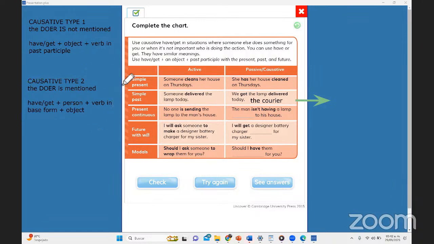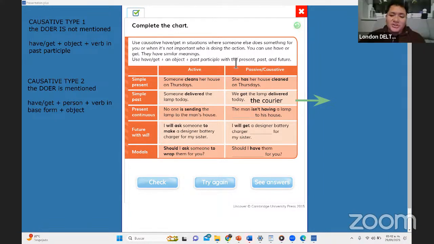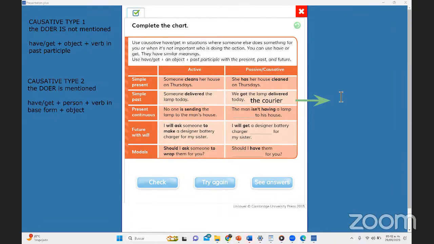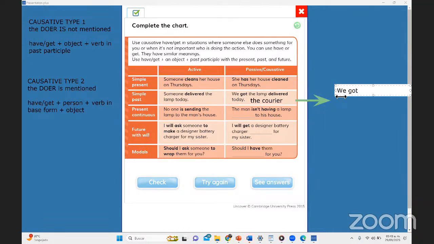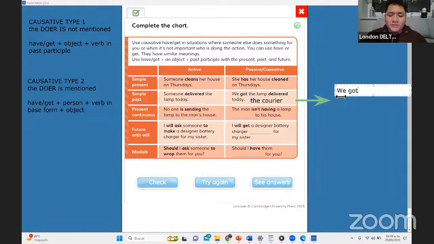Okay. How could we do it? Yes, you need to change the sentence. I would say, I got the mason to my house.